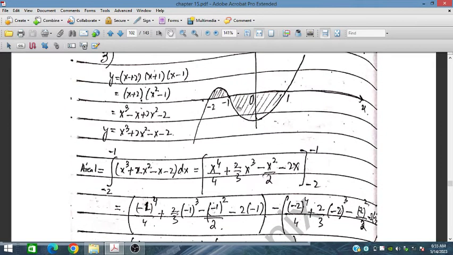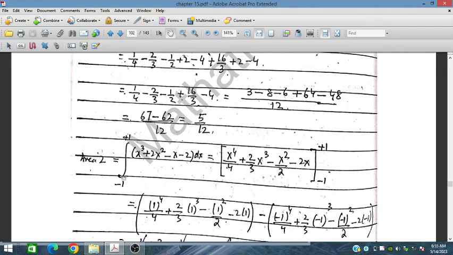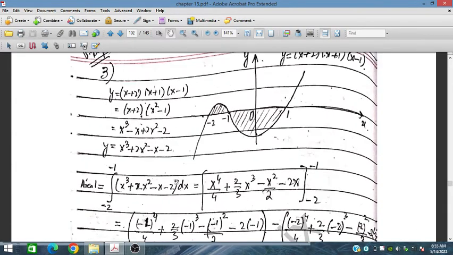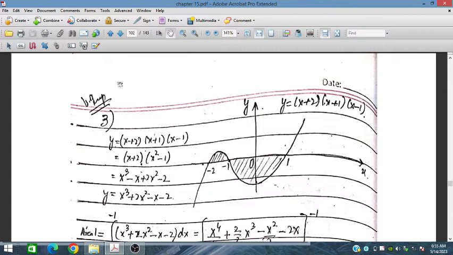For the second region, -1 to +1, on solving we obtain 8 upon 3. Area 1 plus area 2 is the total area, which is 37 upon 12. This is very important. This question is very important from the examination point of view, because the mistake we usually make is with the minus sign.